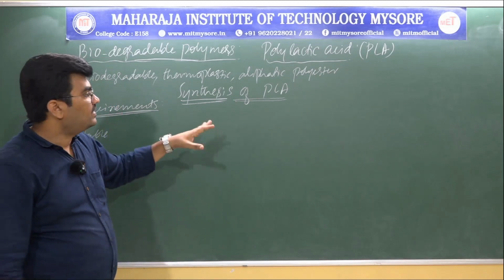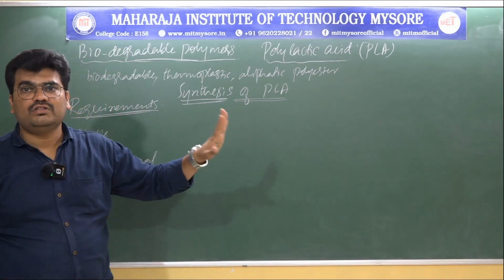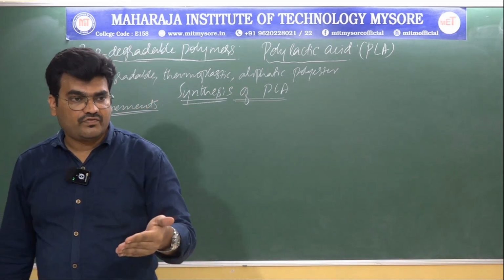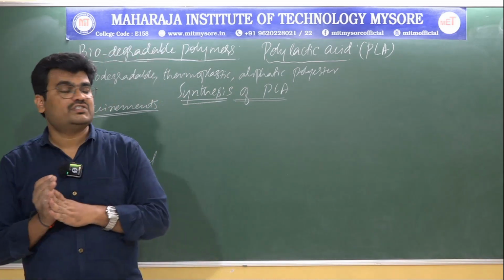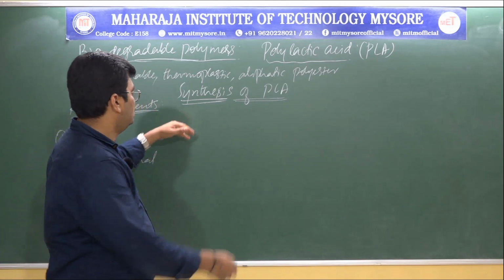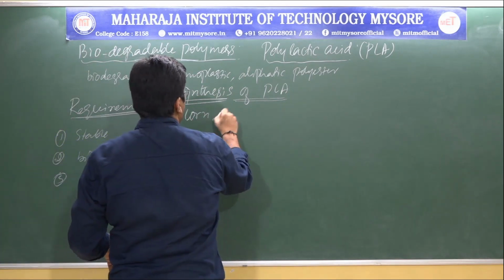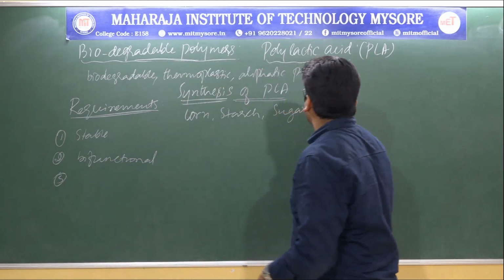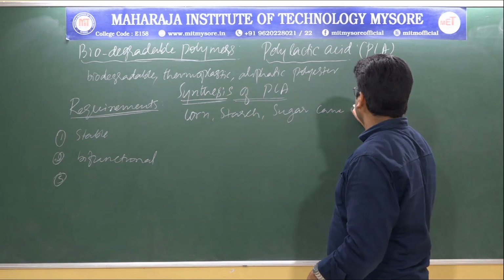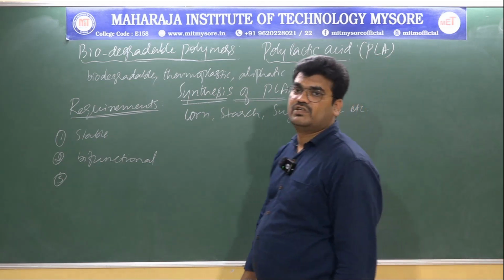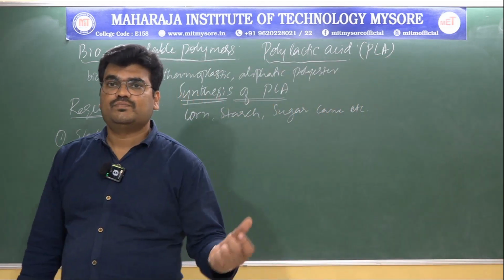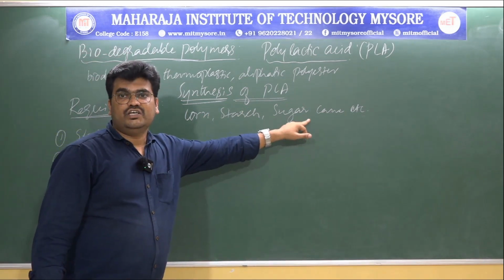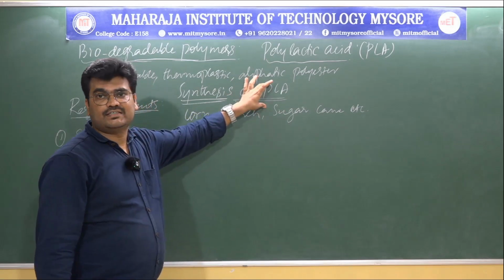Polylactic acid is a biodegradable thermoplastic aliphatic polyester. As I already told, it is derived from natural resources such as corn, starch, sugar cane, etc. Lactic acid is produced by bacterial fermentation of sugar cane.